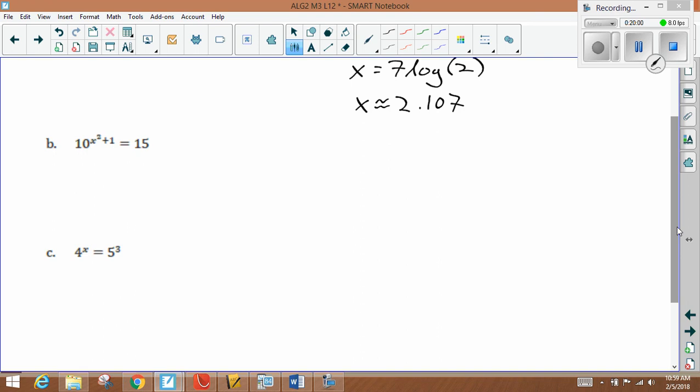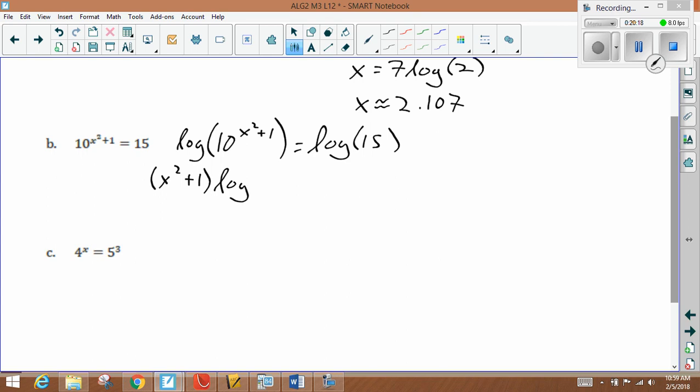Let's do the same thing then. Take the log of both sides. We're going to pull that exponent out to the front, just the same as we've been doing. Log base 10 of 10 is 1.